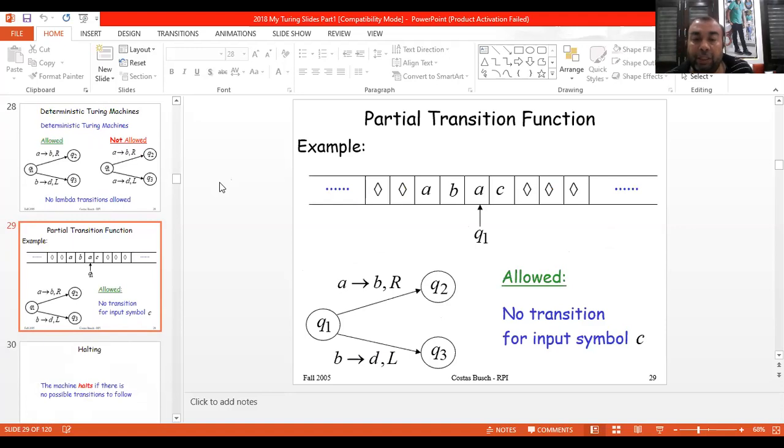Just like in this case, when you are in state Q1 and you are reading C from the input tape, this transition is not defined. But when you are in state Q1, if you are reading A or B, the transition is defined.